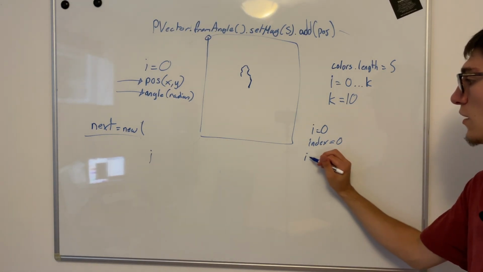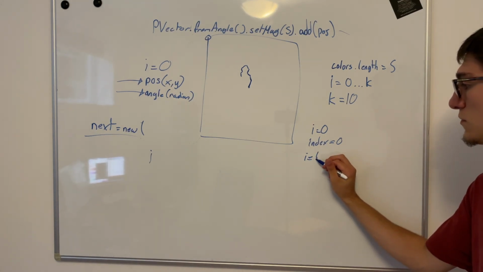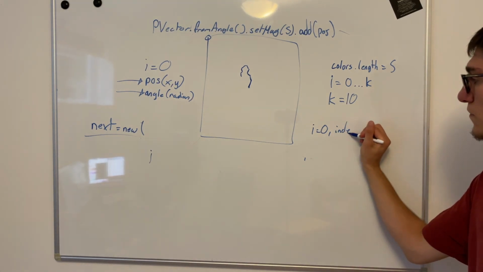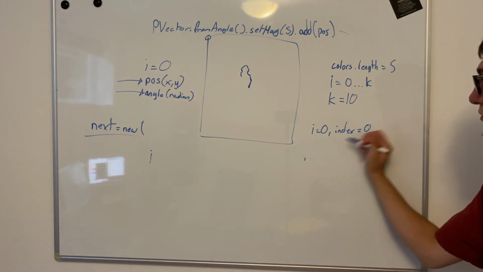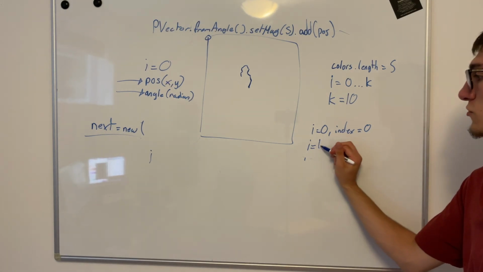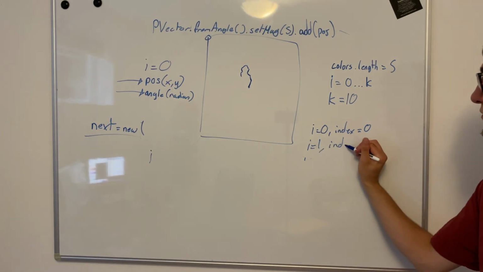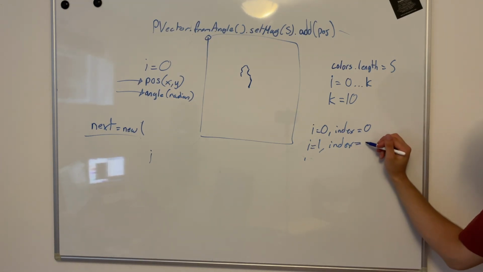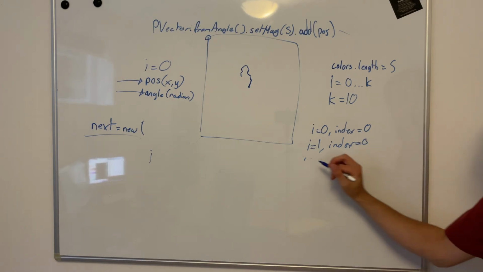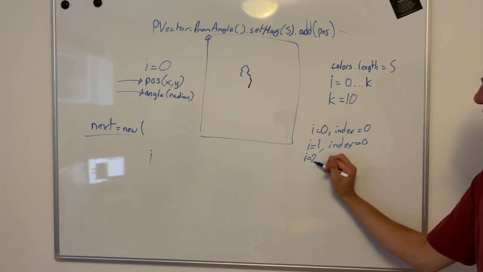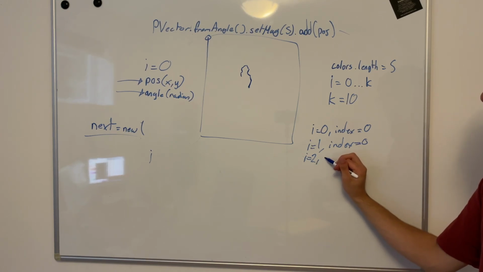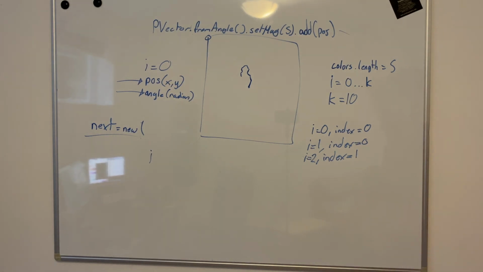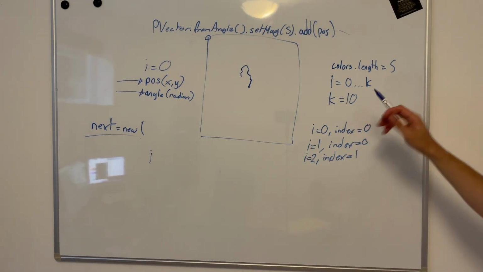And when I is equal to 1, index is still 0. When I is equal to 2, then we want index equal to 1, right? So how did I do this?